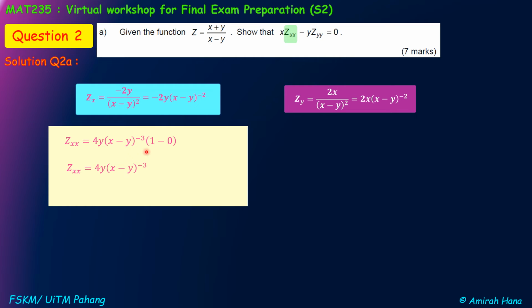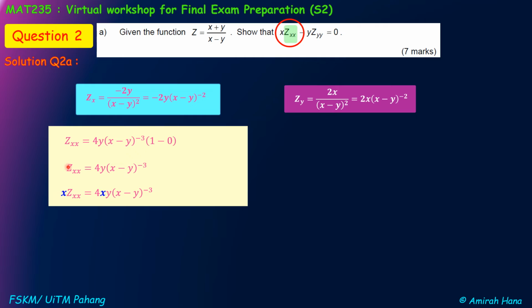We recall back from the given question: show that x zxx and so on. Now we have zxx. So from here, to find x zxx, we need to multiply zxx here by x.